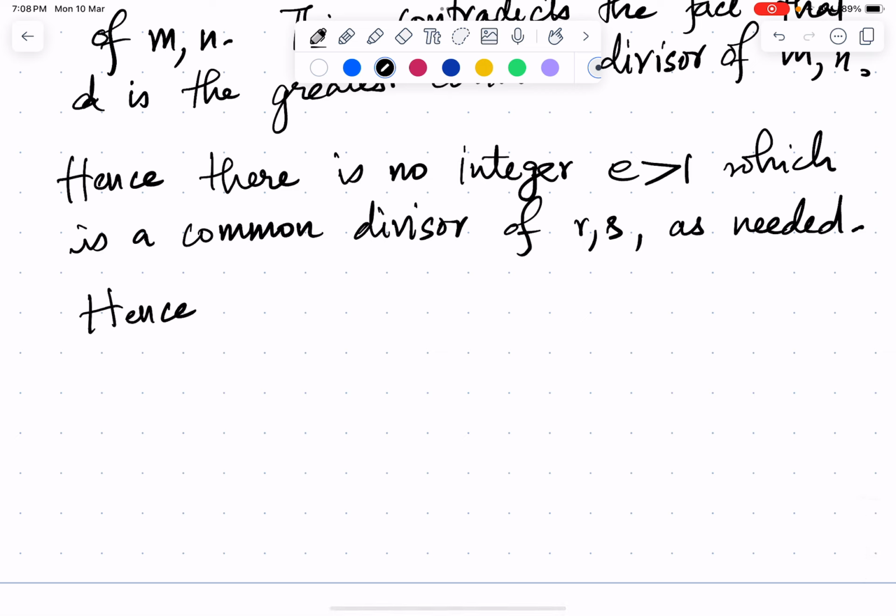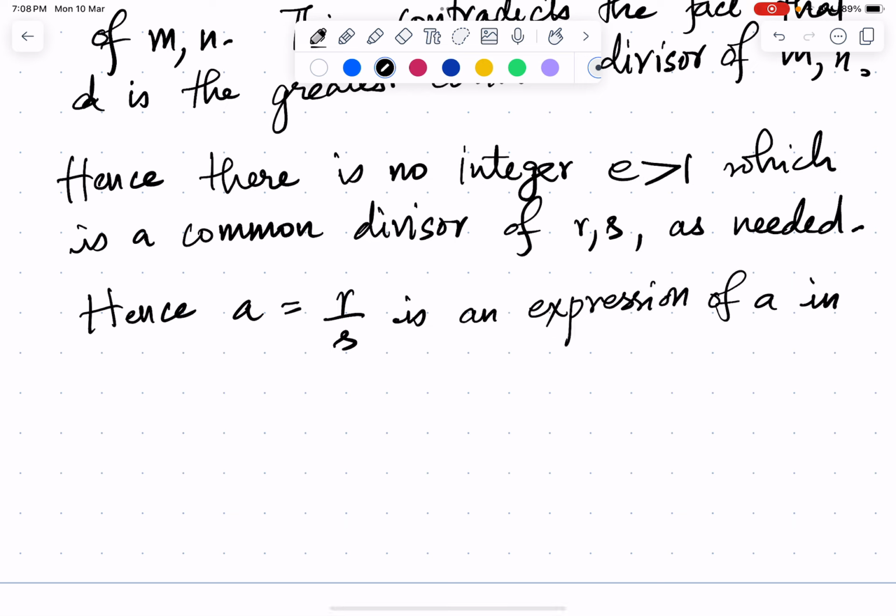Hence a equals r by s is an expression of a in the lowest form.